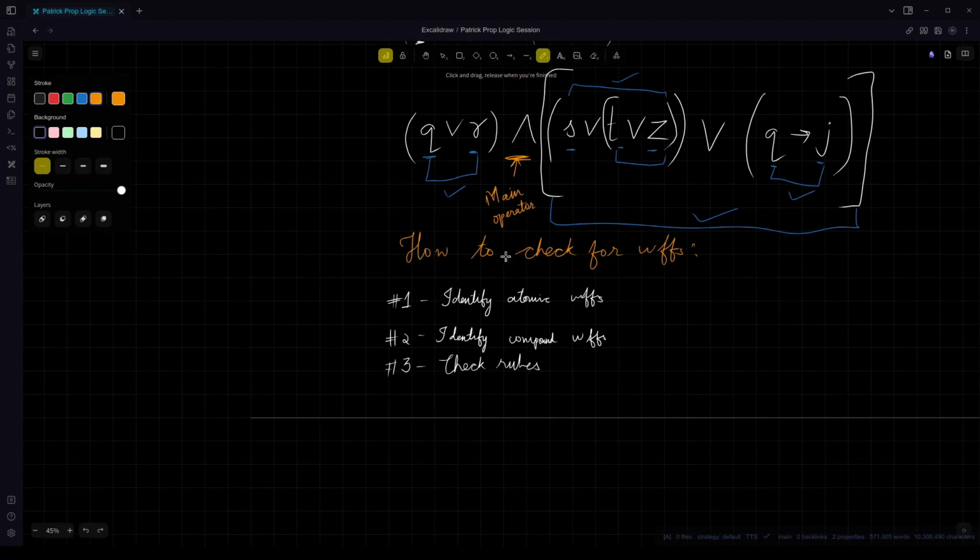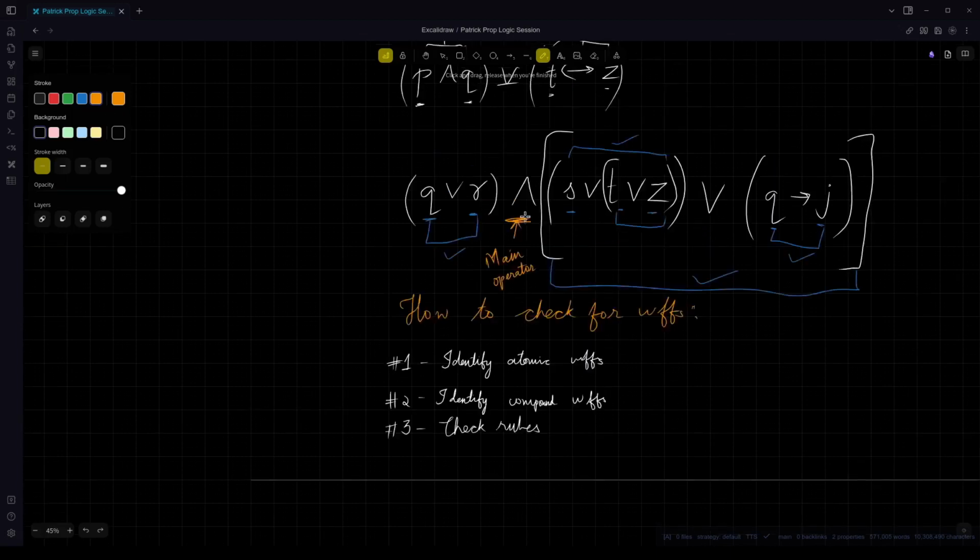We have also codified how to check for well-formed formulas: identify the atomic formula, identify compound WFFs, and then check rules. Basically, that's it. And at the end, when you find the biggest well-formed formulas, there is going to be a connector or an operator between them, and that is going to be the main operator.